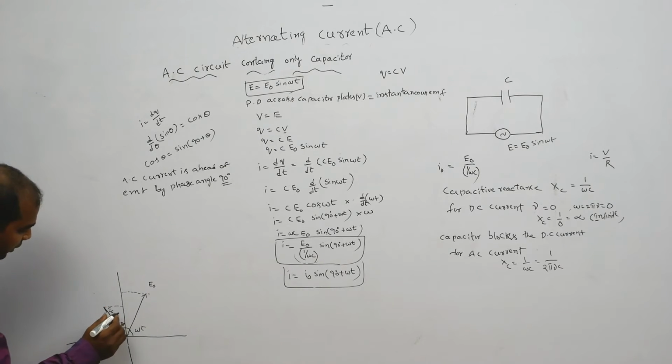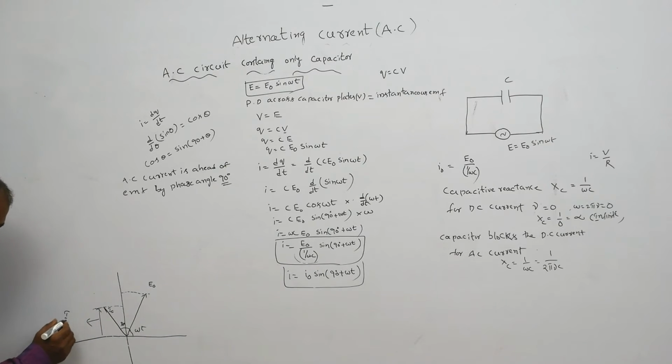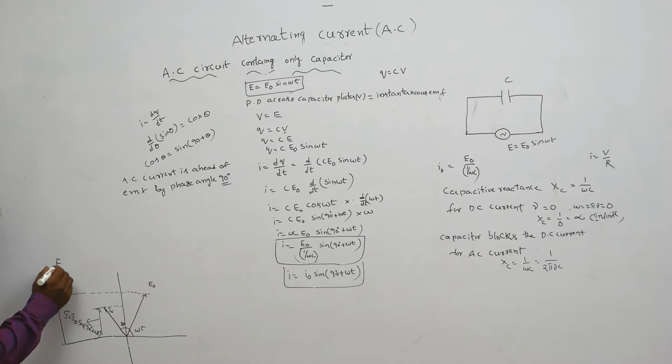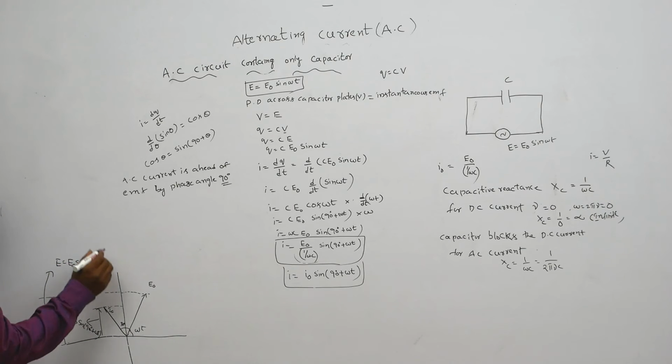This particular length is called I is equal to I0 sin of 90 plus omega t. And this particular length is E is equal to E0 sin omega t.